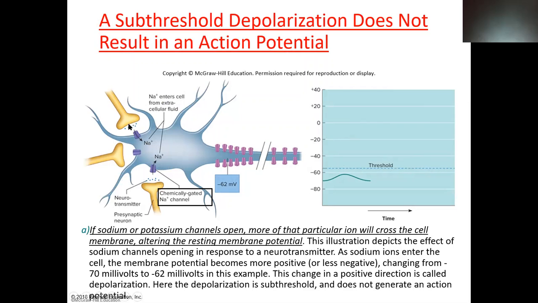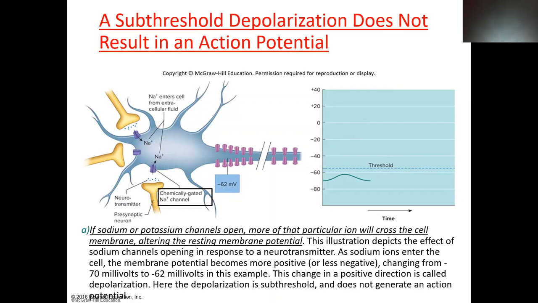When those neurotransmitters are released, it causes the sodium gates to open and sodium can rush inside and make this a more positive charge. However, what is this number? Negative 62. What did we need in order to get an action potential?